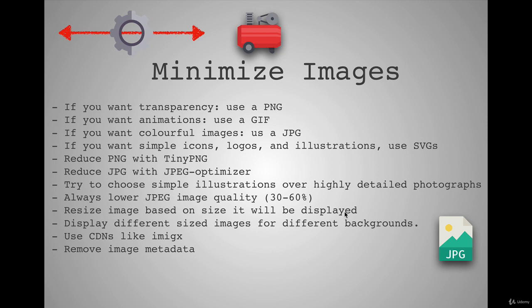So for example, if you're displaying an image at only 500 pixels wide, let's say your CSS says that the width of the image is 500 pixels, then you don't need to keep that image at 1,500 pixels. Chop it down to the actual size, because an image with half the width will be even less than half the size. So make sure that you're actually using the size that's appropriate for you.